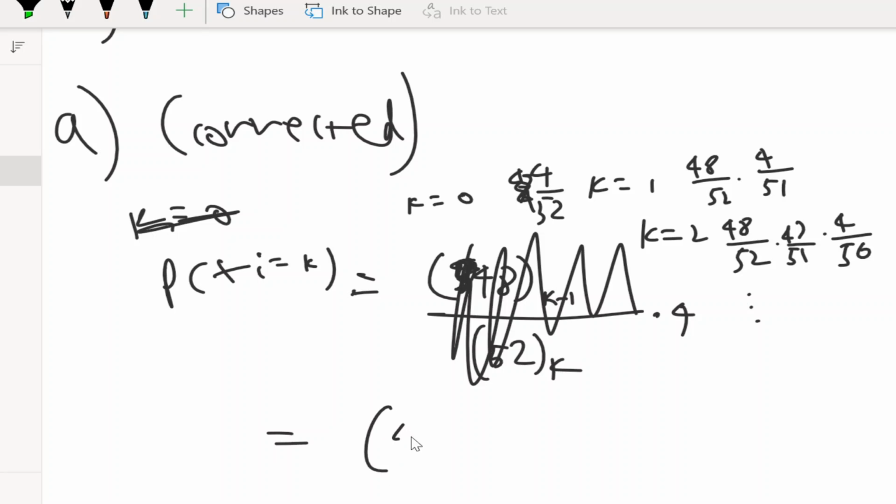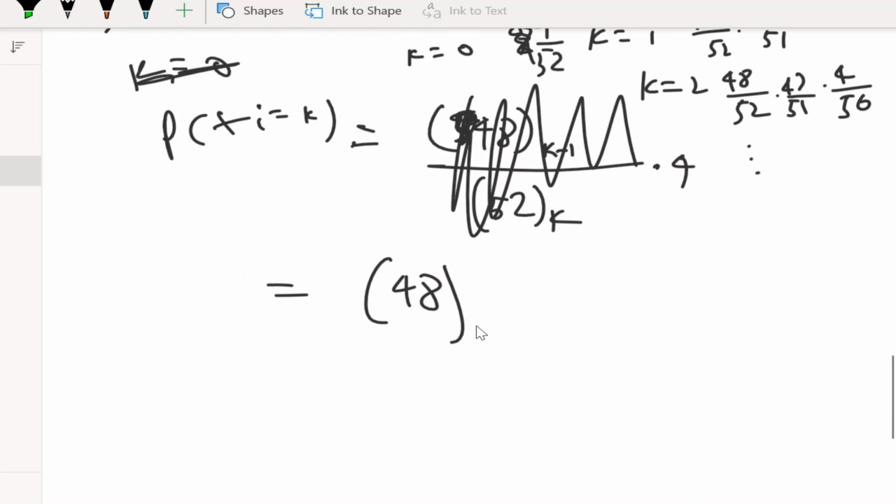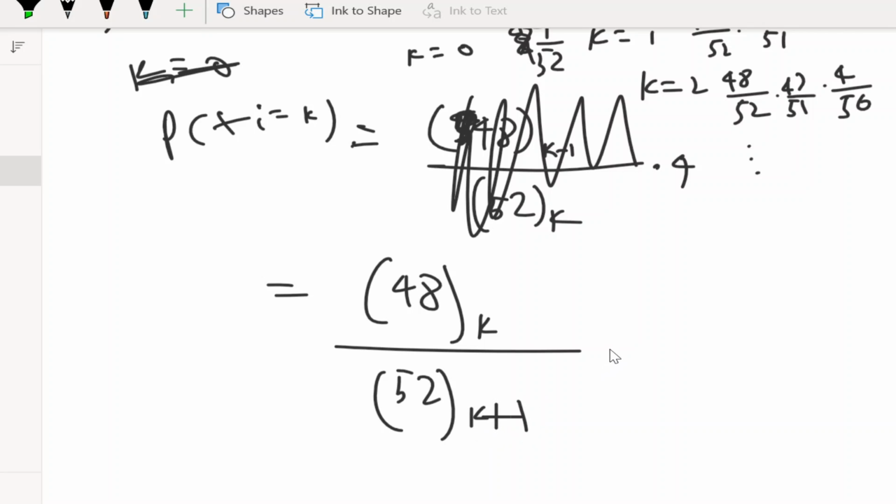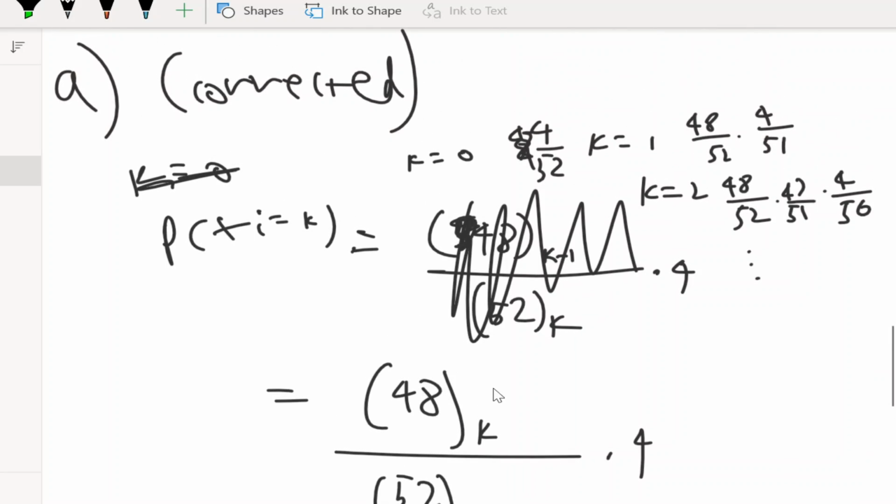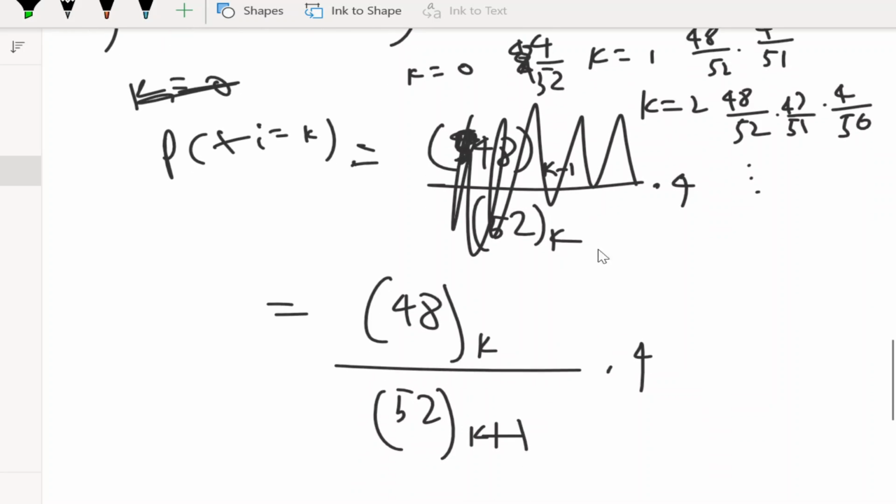Okay. So we have 48, we want to draw k from it. Then we have 52, however, we want to draw k plus 1 from it. And then we multiply by 4. So what you're seeing is 48 order k. If k is equal to 2, then we have 48 times 47, as we can see here.